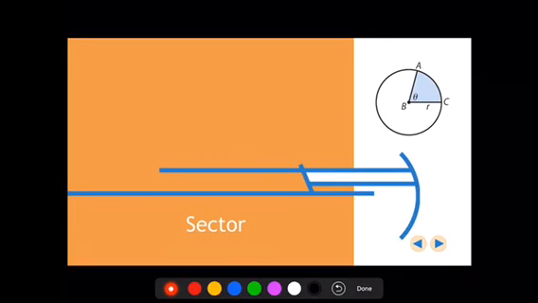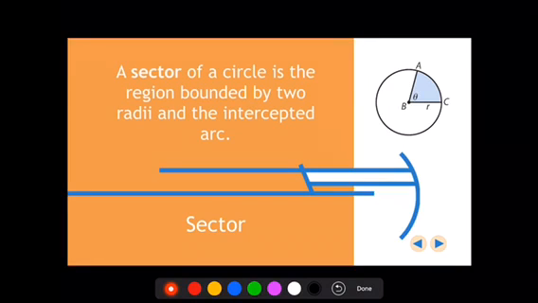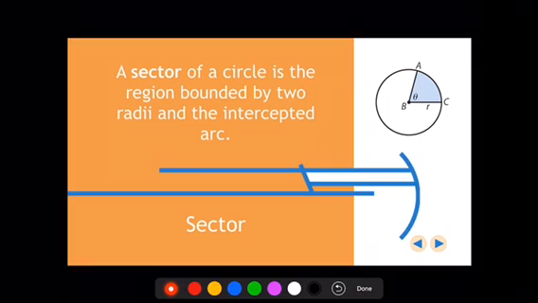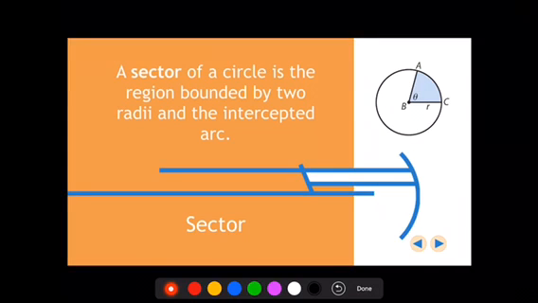All right, a sector. What you see shaded in blue on the screen in this picture is the sector. I like to think of a sector as like a piece of a pie or a slice of pizza. How do I find the area of that shape? Well, you remember we talked about this last week. There are certain shapes that we don't know the formula for, so we have to use calculus to figure that out.